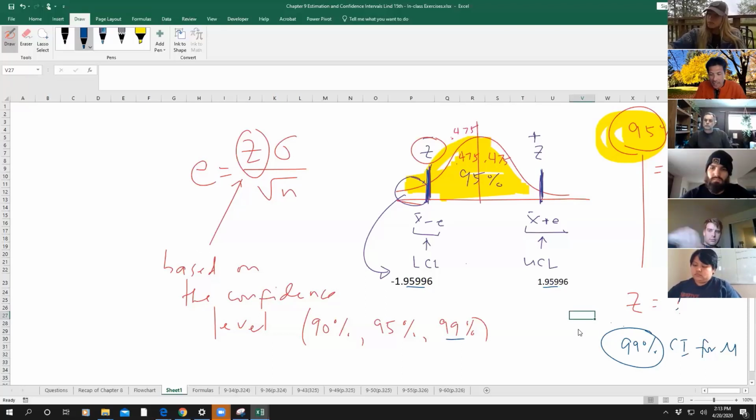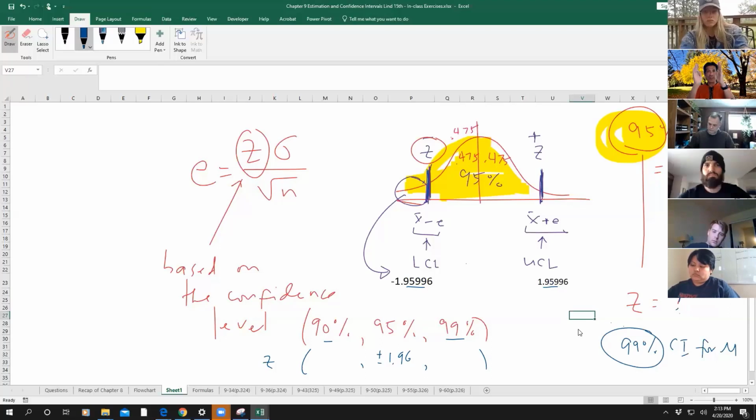So here we had plus or minus 1.96. I'm rounding up. Okay, so try finding the z-score associated with, well, let's do the 90% also. With the 90%, from 95 to 90% will go inward, right? So does anybody have the z-score for 99%?